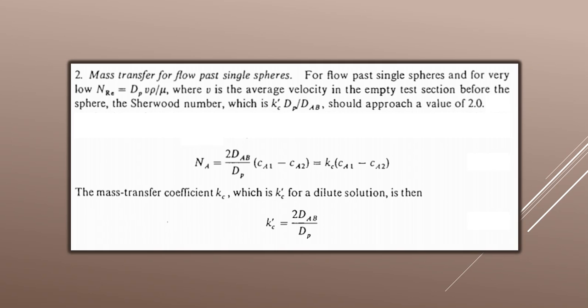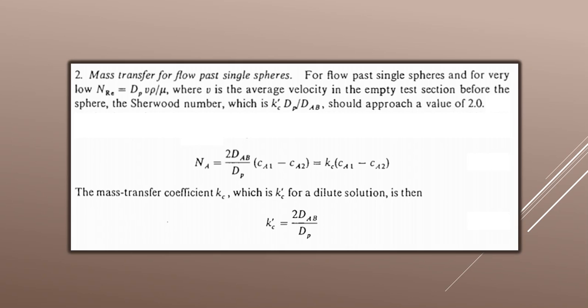Now, our molar flux for this scenario, wherein we have a laminar flow and our Sherwood number approaches a value of 2.0, is given by 2 D subscript AB, divided by the diameter of the particle, times the difference in the concentration of A from 0.1 to 0.2.